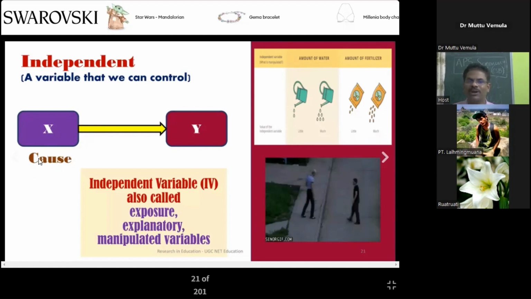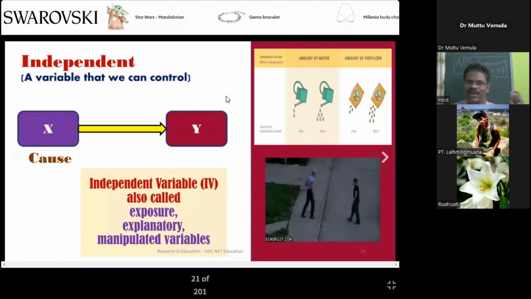What is dependent variable? Effect. X is the cause, Y is the effect. Let us say the method of teaching is X, multimedia based teaching. The result, achievement of the students, effect, Y. So this cause is the independent variable, method of teaching. This effect, increase or decrease in the achievement, is the dependent variable, the effect or the result.